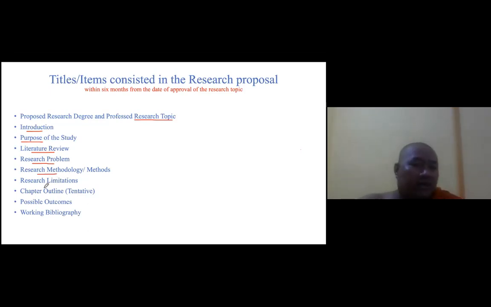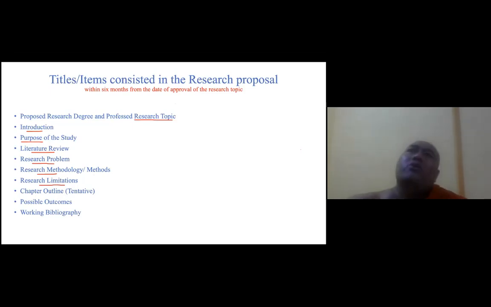This step is also important. Otherwise, if you don't mention the limitation of your research, they might think it. I had to do my upgrade presentation twice, because when I did it the first time, the lecturer asked me, what are the limitations of your research? I said the whole Tipitaka. He re-asked me, and I replied yes.